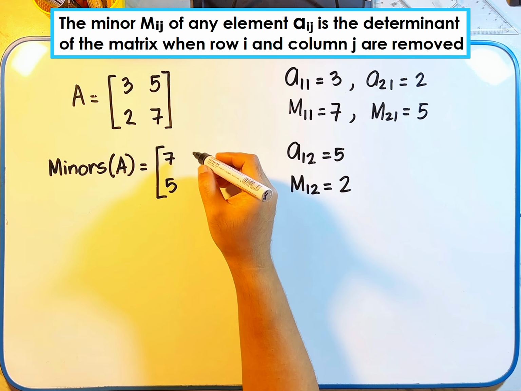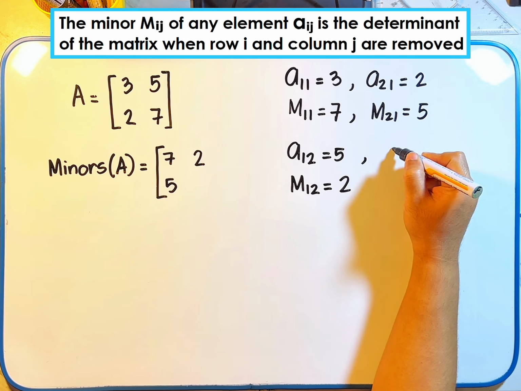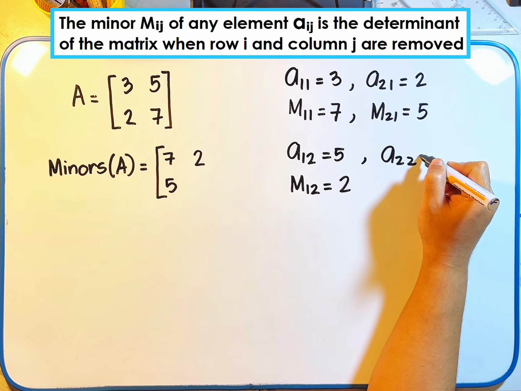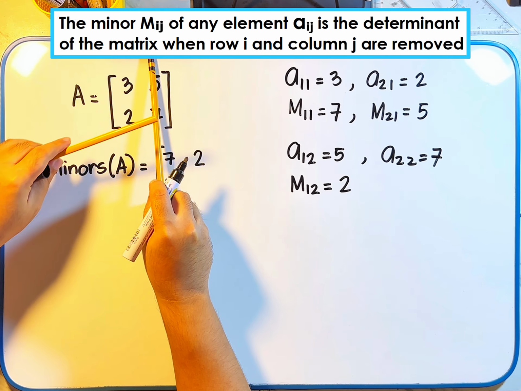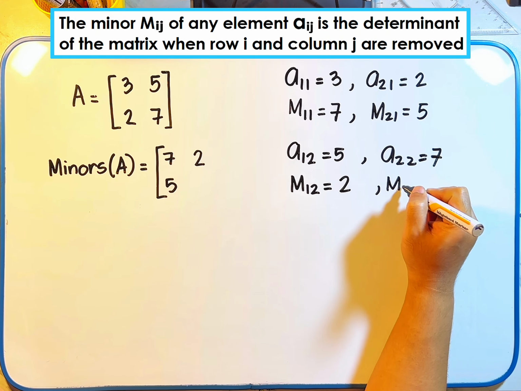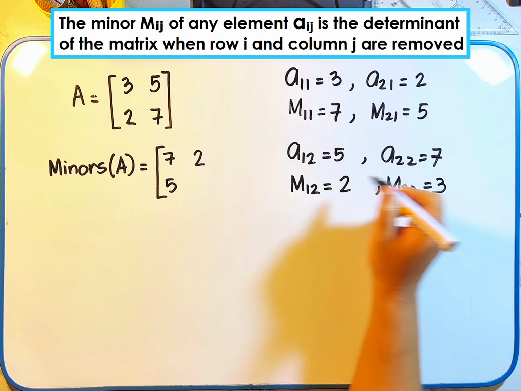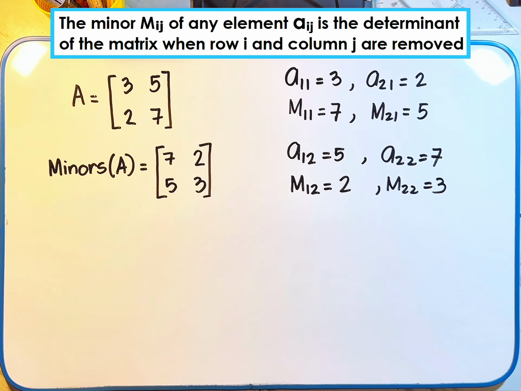And then the remaining element, in the second row, second column, is 7. If we block the second column and the second row, we're left with 3. So the corresponding minor is 3, so we will write 3 here. And that's our minor.